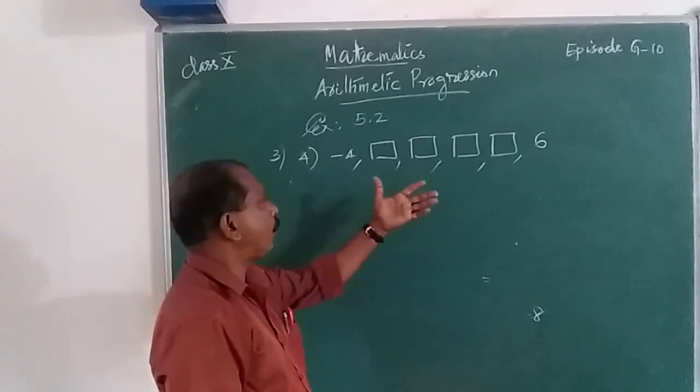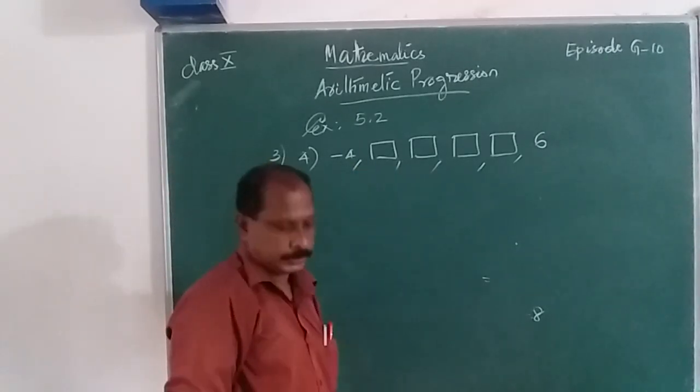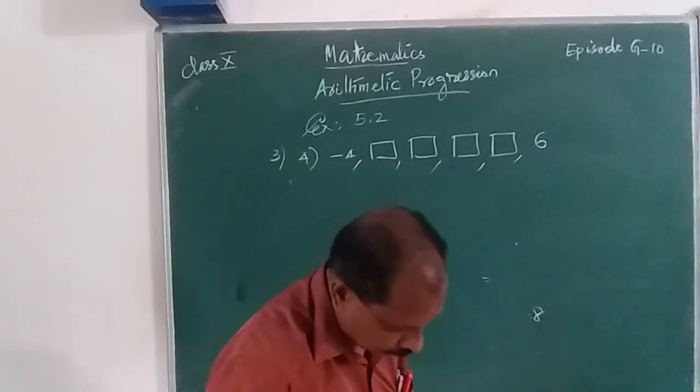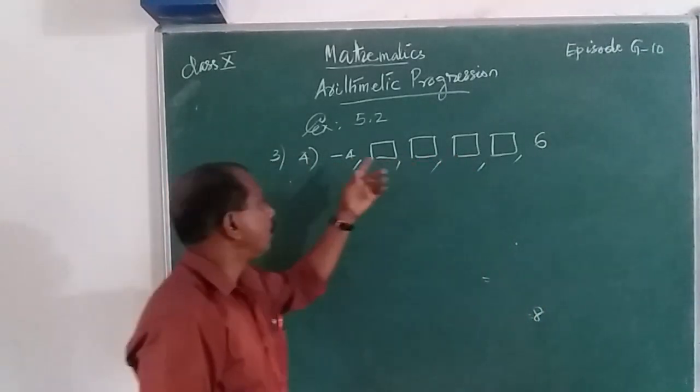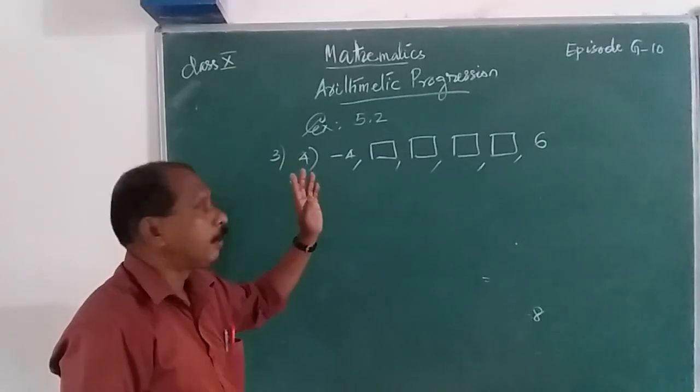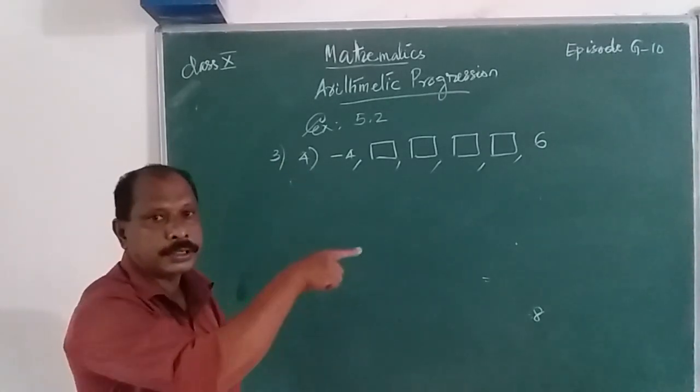Therefore, there are 4 terms between minus 4 and 6. That means there are 4 terms missing between the two. Therefore, how many terms? 6 terms of that series.